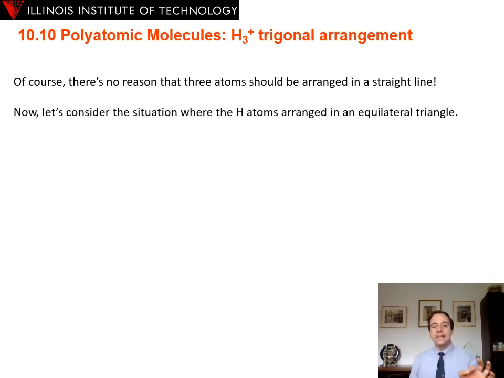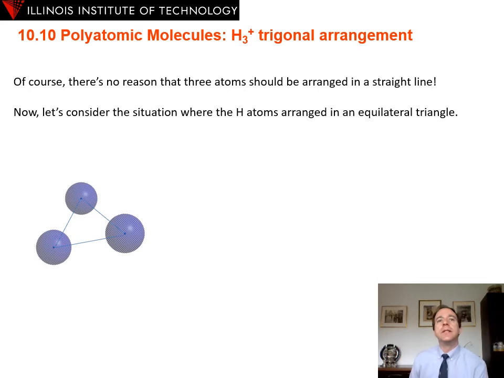So we're going to consider that case now as the next possibility for a geometric arrangement, straight line or equilateral triangle. Okay, so let's picture what happens if we take these three hydrogen 1s orbitals arranged in an equilateral triangle configuration and see what kind of orbitals we get when we put them into a molecular orbital structure.